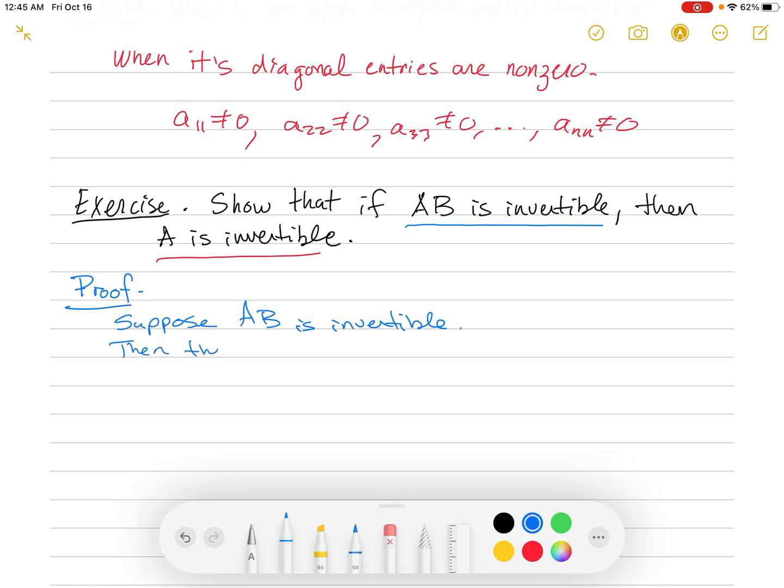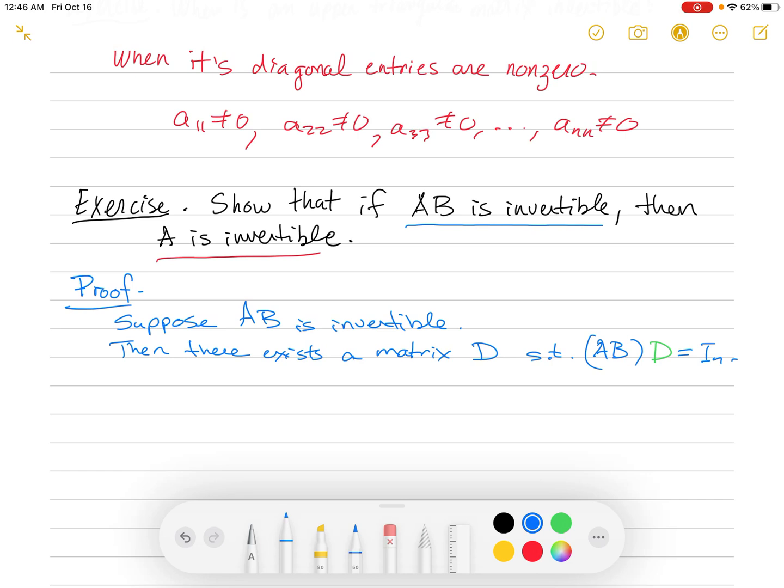Let's call that matrix D. Then there exists a matrix D such that AB times D gives us the identity matrix.